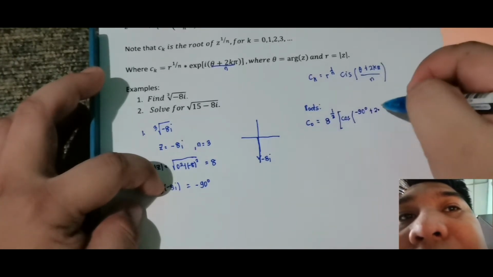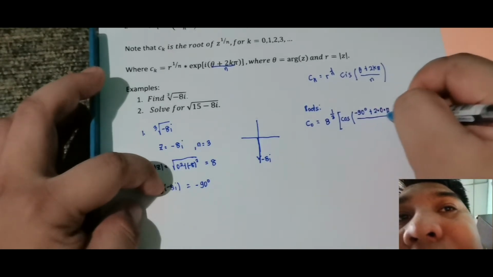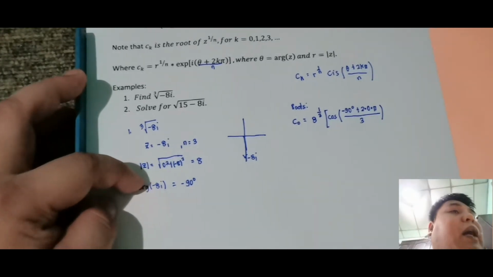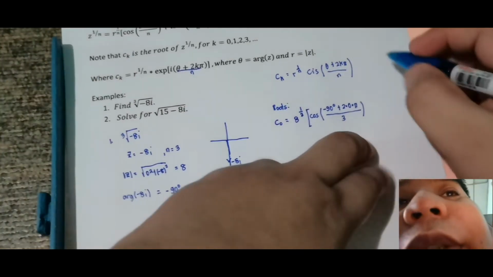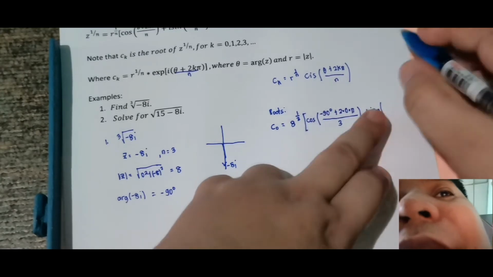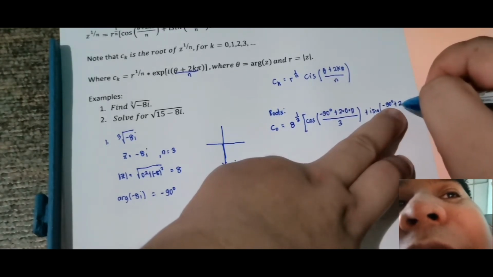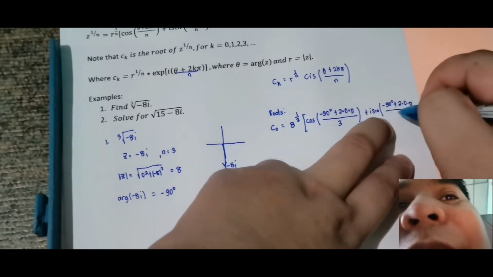So that is 0, times pi, all over 3. Okay, so why was k replaced with 0? Because we're at C sub 0 now. Okay, then plus i sine, similar there: negative 90 degrees plus 2 times 0 times pi all over 3.